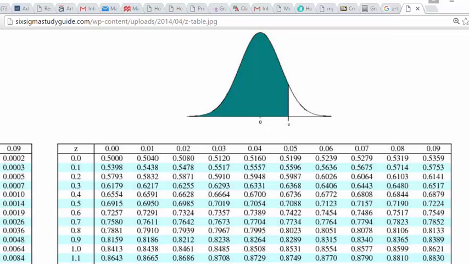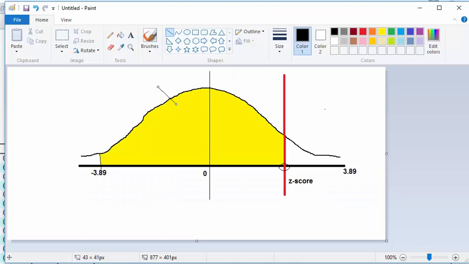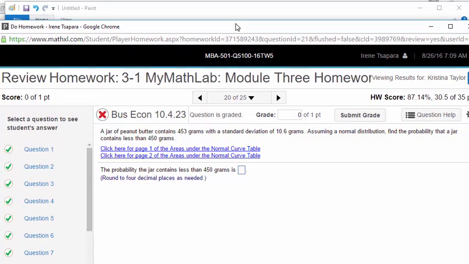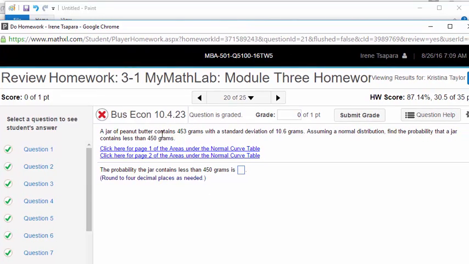Okay, let's see a specific problem together. Now, again, this is what we have. Assume that we have a problem. Suppose that a jar of peanut butter contains 453 grams with a standard deviation of 10.6 grams. 453 grams is going to be your x-bar, the mean for the jars.